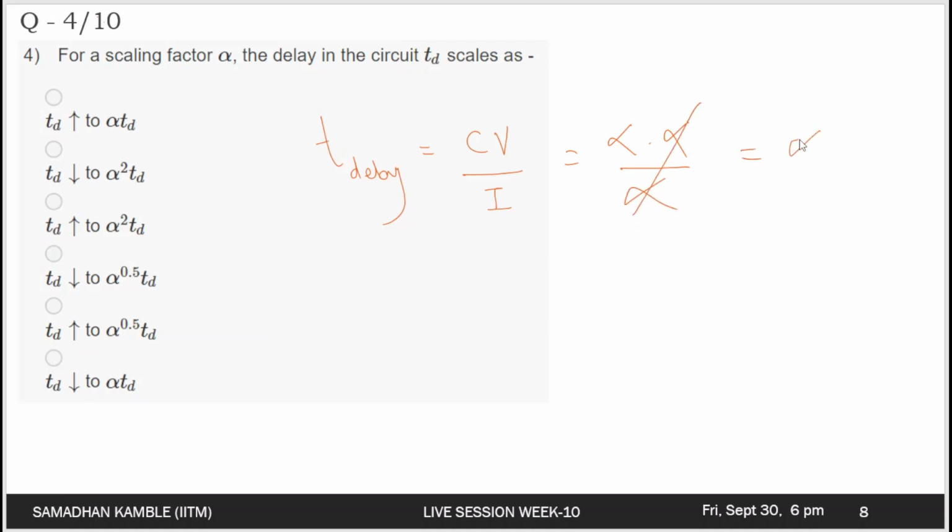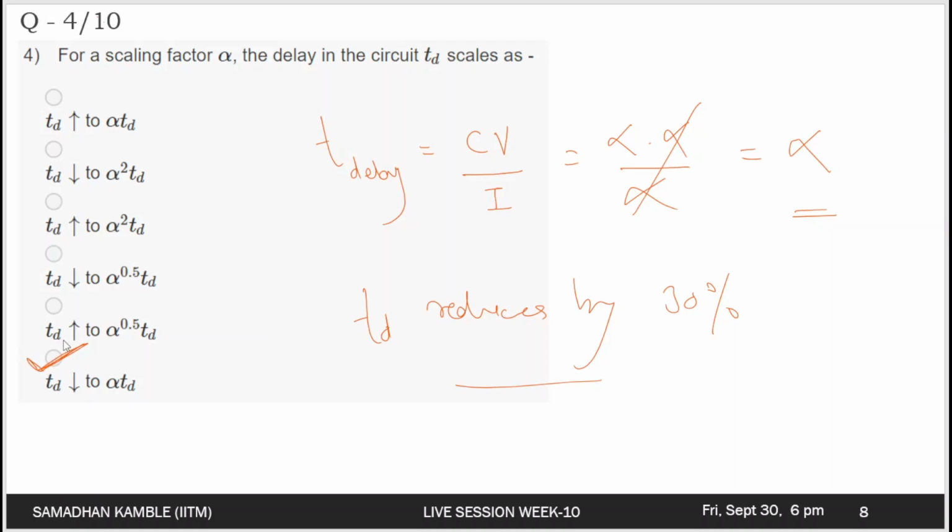So T delay scales by a factor of alpha. In our case, alpha is less than 1, so it reduces by around 30%. So TD reduces by around 30%. So the correct answer is this one.